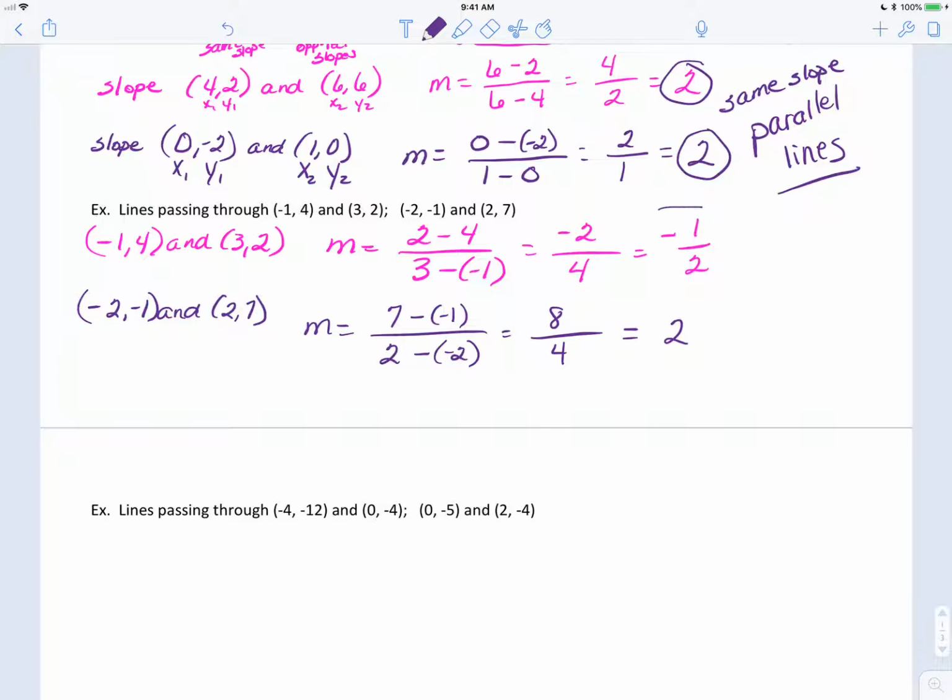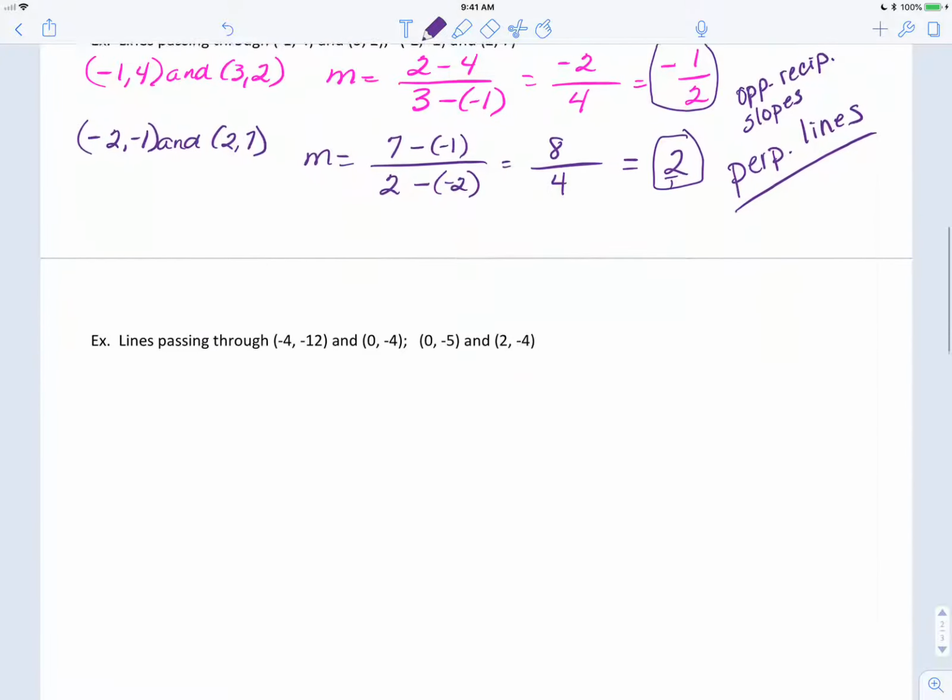Well, now we have a slope of -1/2 and a slope of 2. They're not the same, but are they opposite reciprocals? Yes, one is negative, one is positive, and we've just flipped the fraction, because remember, any whole number is like it's over 1. So these have opposite reciprocal slopes, and therefore they are perpendicular lines.